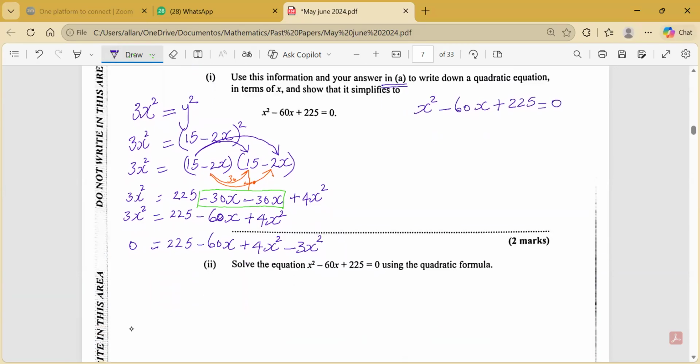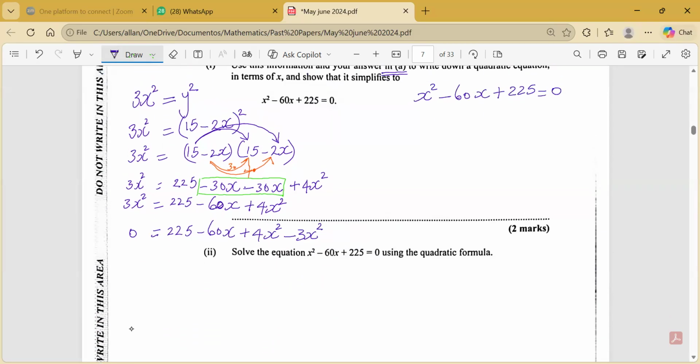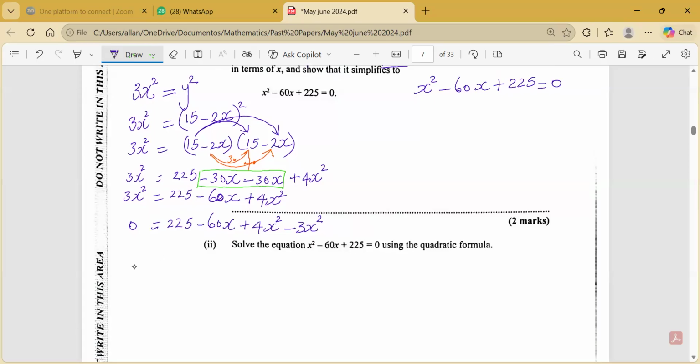Now, they said, use what you just got, which is x squared minus 60x plus 225, and use the quadratic formula. Anybody remember the quadratic formula? It is x equal to, can somebody tell me what to write?